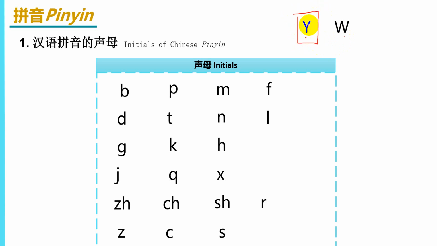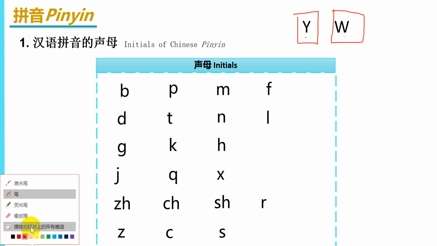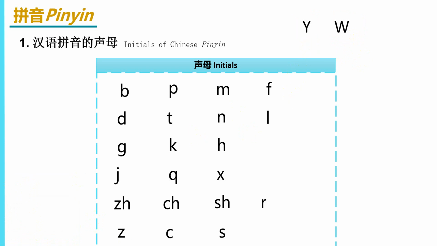This one. E. Okay, 一起读 E. And this one. U. Yes. U. Okay. Now, when will we use these two? When the finals E, U, and U are used as a syllable by itself, we need to put a Y or W in front. For example, for E and U, we will write it like this.